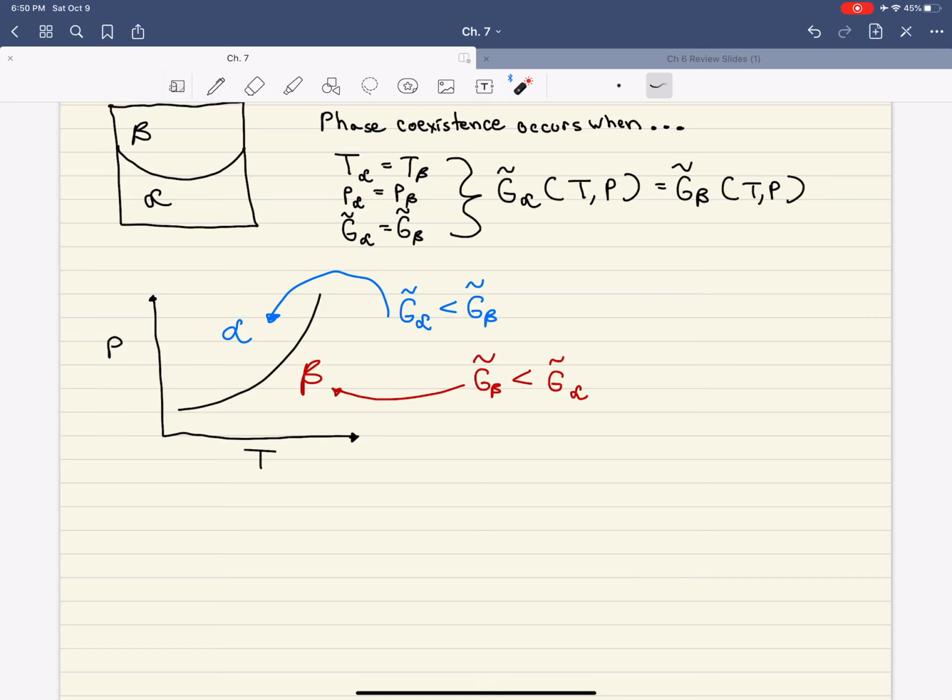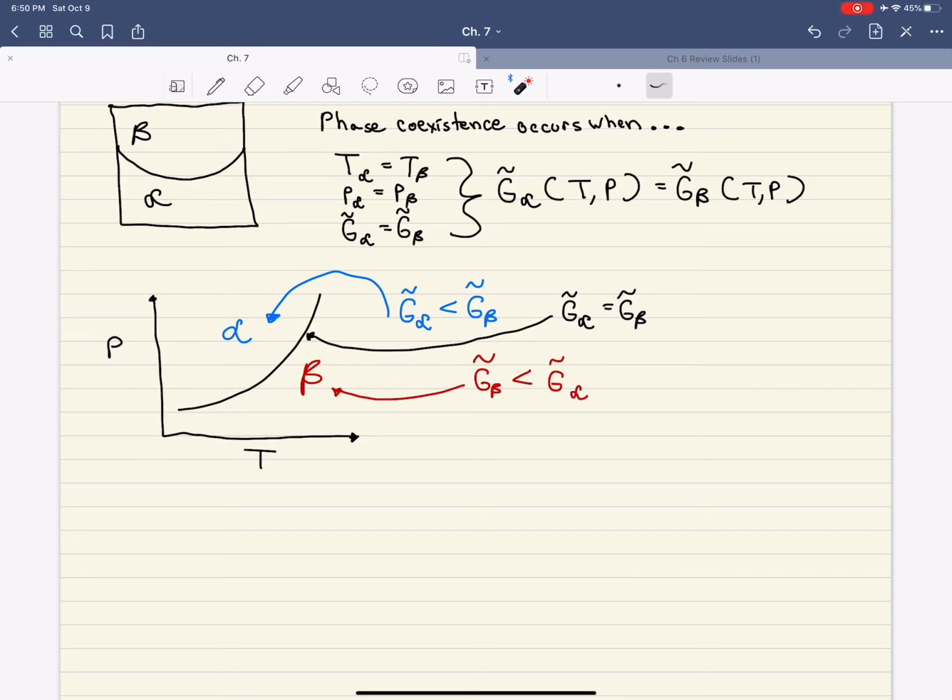As such, because the beta phase has a lower free energy, the system only wants to exist in the beta phase. And if you're on the black line, the coexistence curve between the two phases, that means at those temperatures and pressures G alpha is equal to G beta. Because these free energies are equal, the chemical could exist either in the alpha phase or in the beta phase.